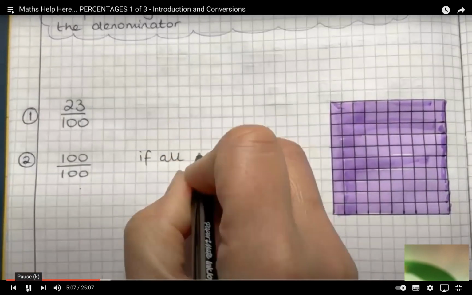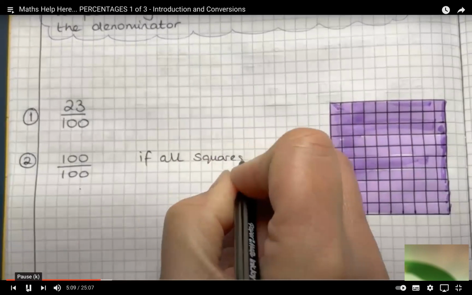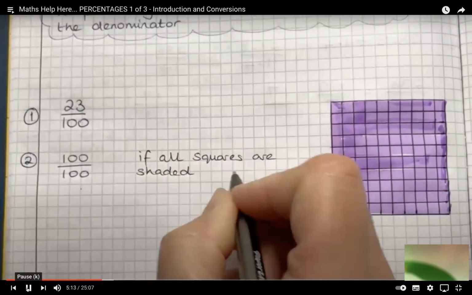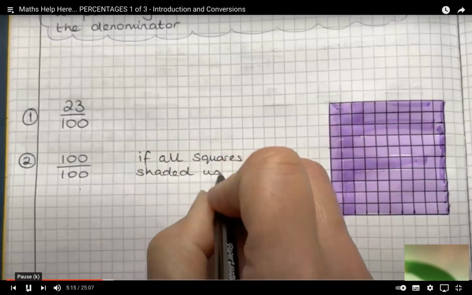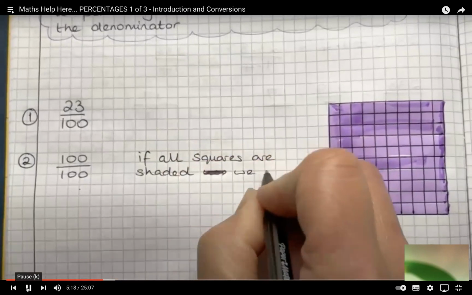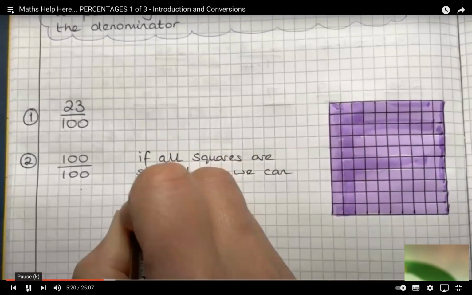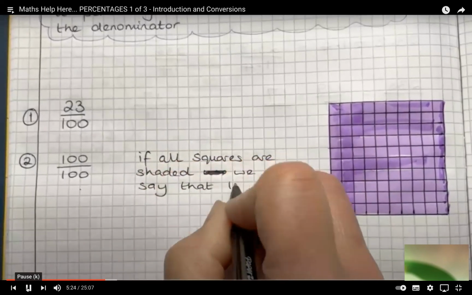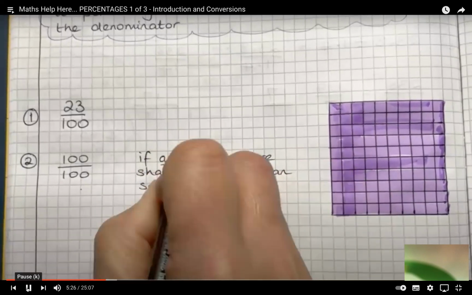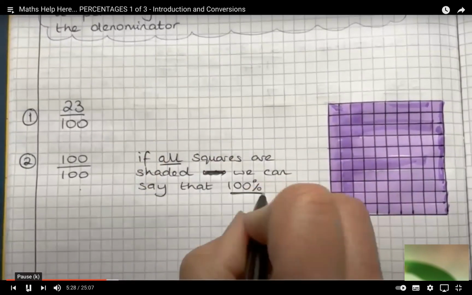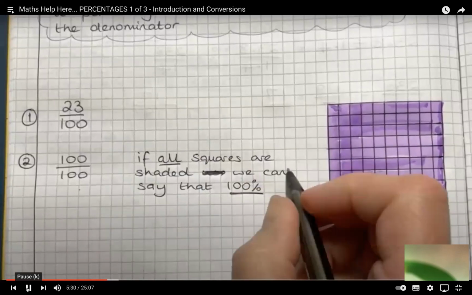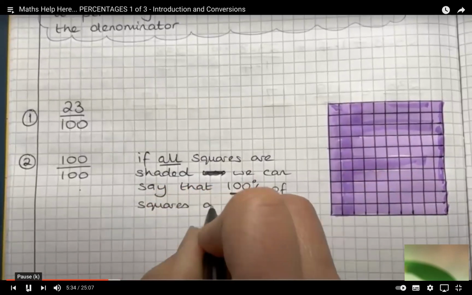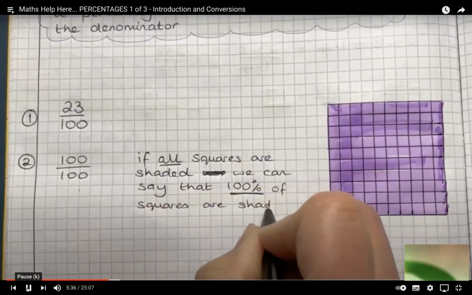If all squares are shaded, we can say that, because all of our squares are shaded, 100% of squares are shaded.